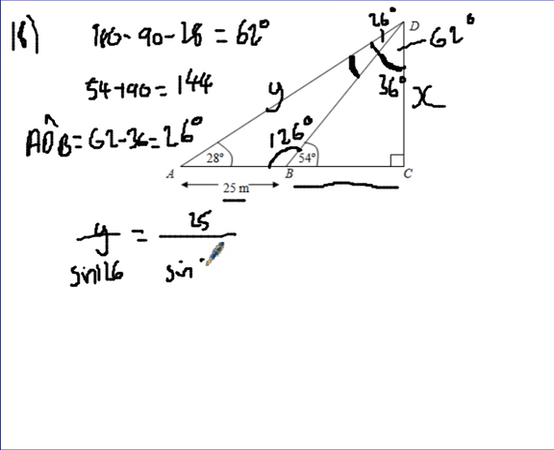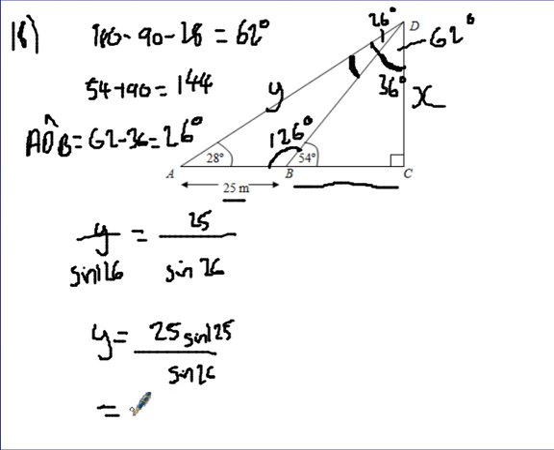Bring your sine 126 up, so y equals 25 sine 126 over sine 26. Then 46.7 meters. So if we've got 46.7 meters, where do we go from there?